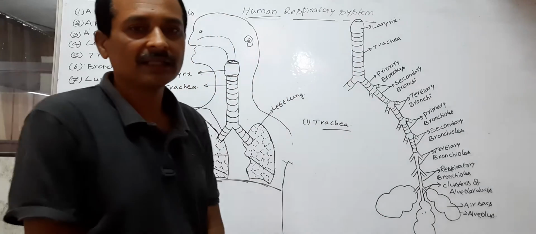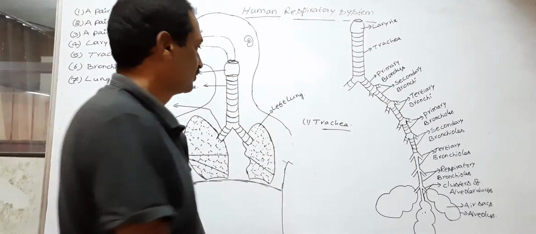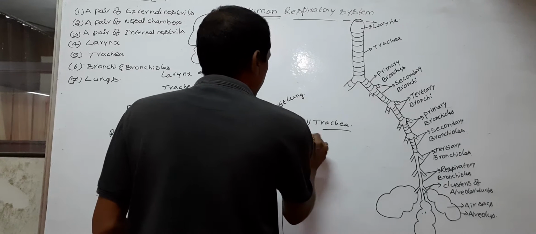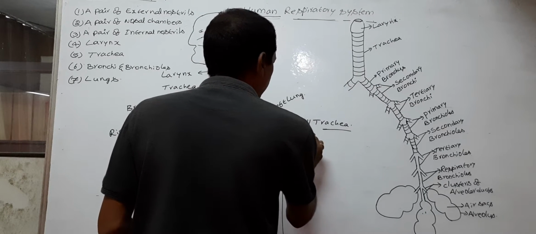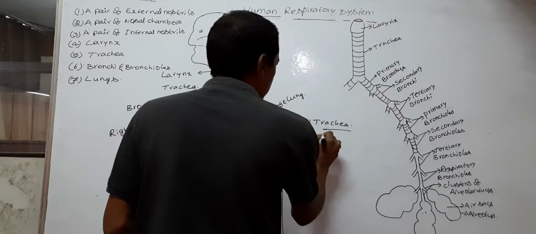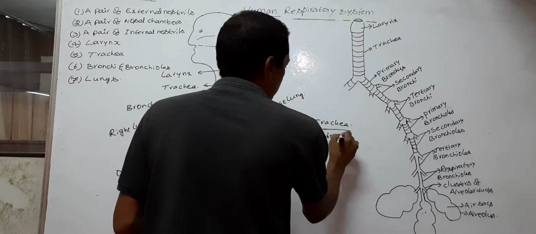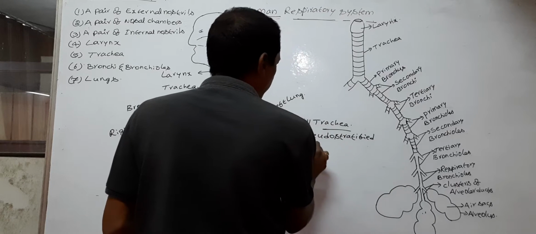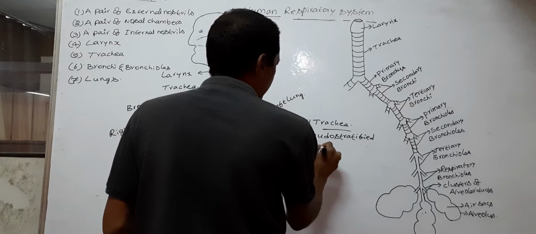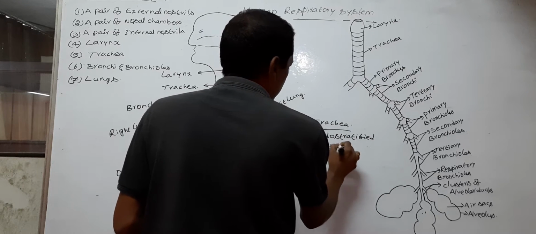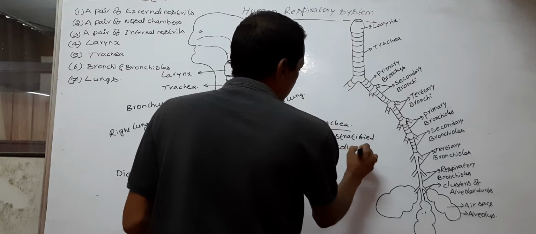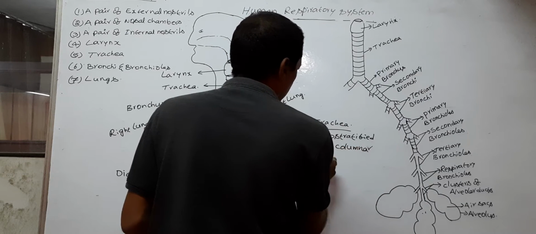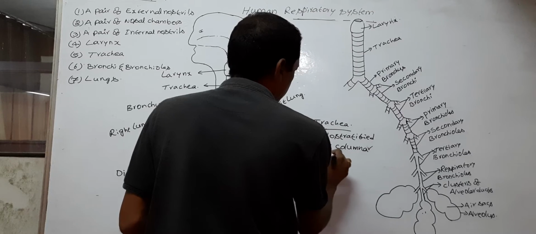Internally, the trachea is lined by pseudostratified ciliated columnar epithelium.